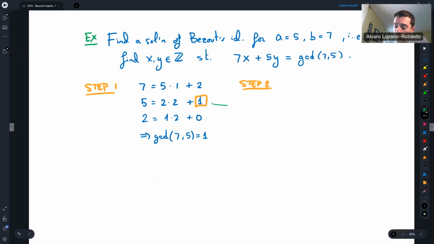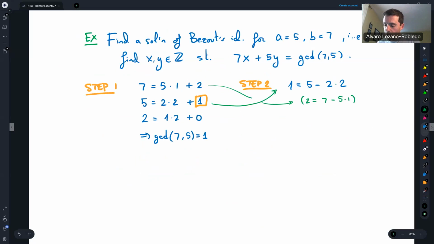I'm going to start with this line here and solve for 1. 1 is 5 minus 2 times 2. Then I'm going to solve for 2 in this equation and plug in that 2 over here. So 2 is 7 minus 5 times 1, which comes from this other equation.